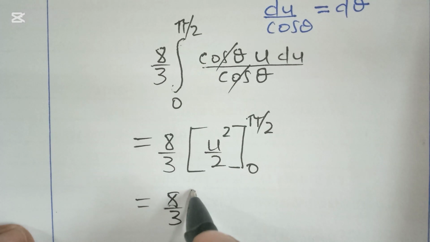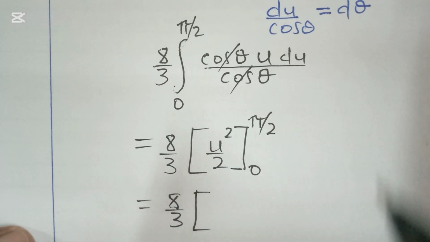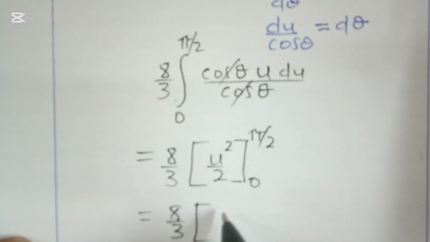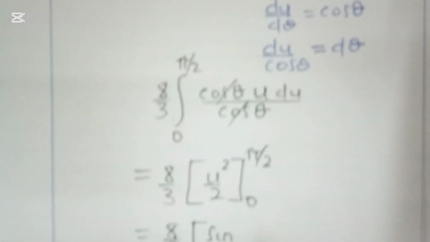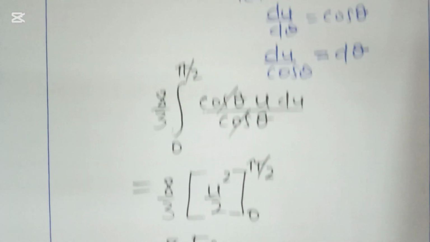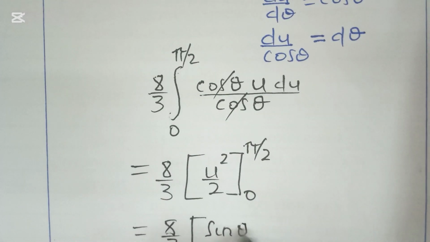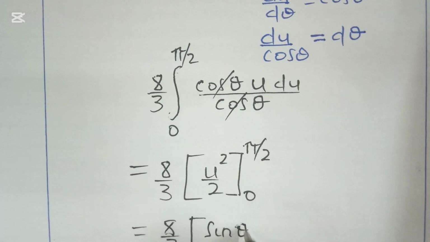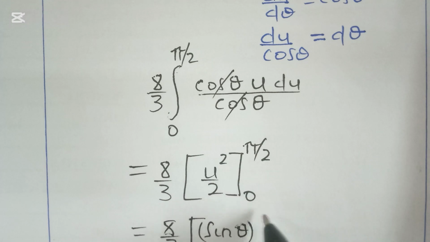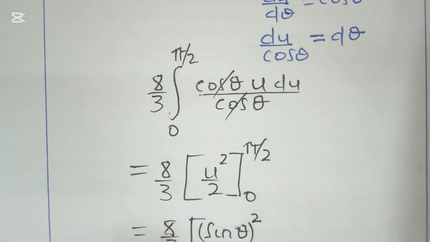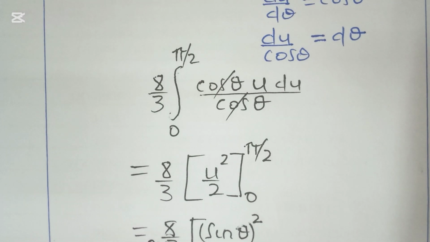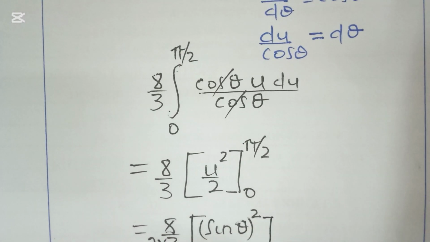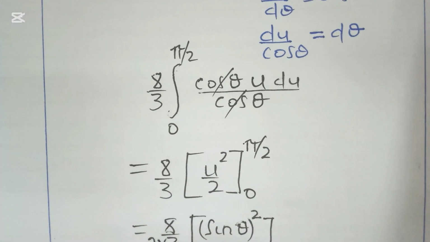You can return that u to sine theta. So you shall get sine squared theta all over 2. So this one too, you bring it here like that. When you put 0, it should be 0.